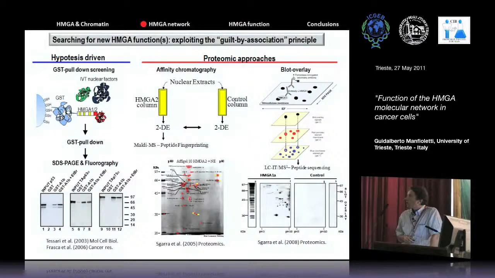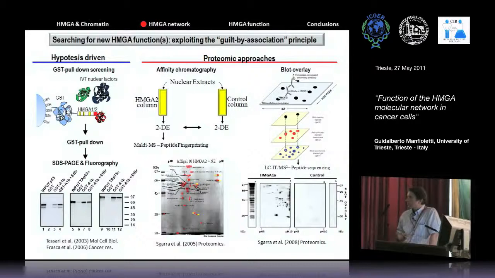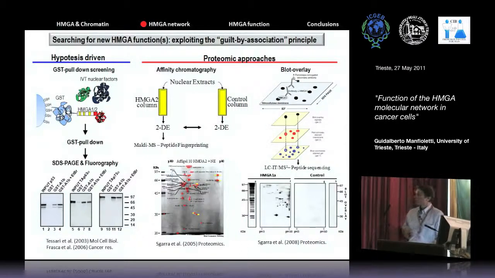Okay, so what comes out from these approaches? Let's say that from our approaches and also from other labs, what comes out is that there are several transcription factors that can interact with HMGA1, and therefore HMGA proteins have a role in transcription.